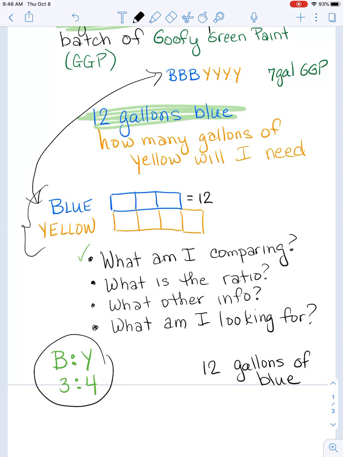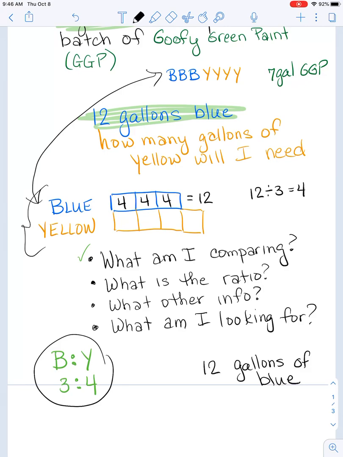Now, in ratio problems with tape diagrams, and you will find this with fraction models as well, all the boxes have to be the same. So if I have 12 and I need to divide that evenly among 3 boxes, that's going to be 12 divided by 3, and that equals 4, and so I have to put a 4 in every box.